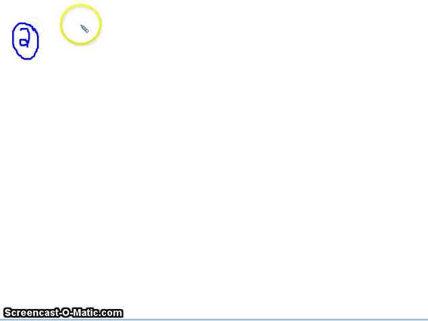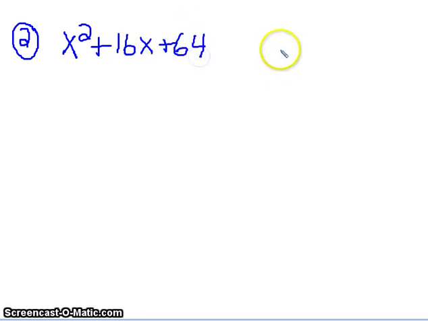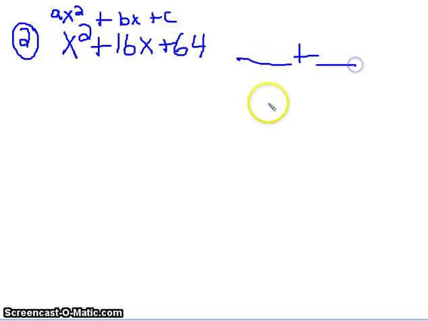Example number 2. We can have x squared plus 16x plus 64. So I'm still in the form of ax squared plus bx plus c. In order to complete my puzzle, something times something equals a times c, and something plus something equals my b.